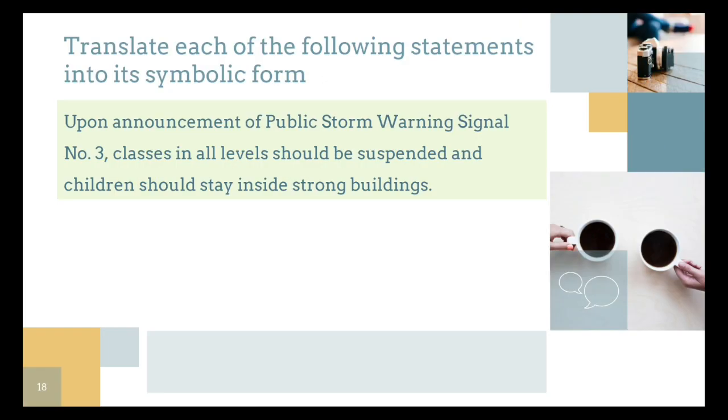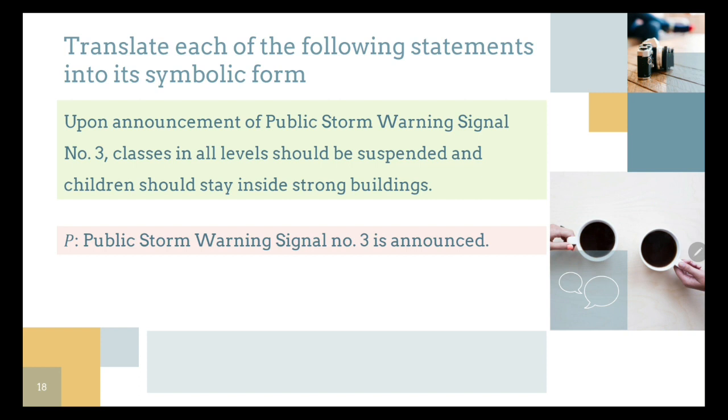Let's translate each of the following statements into its symbolic form. Upon announcement of public storm warning signal number 3, classes in all levels should be suspended and children should stay inside strong buildings. If we analyze this, we have connectives upon and and, and the statement is divided into 3 parts.